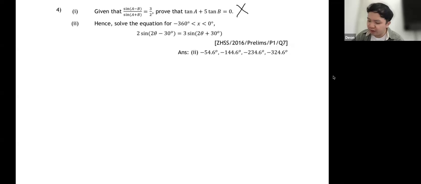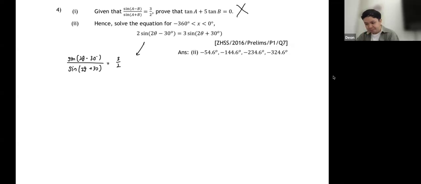Okay, so if you divide, you can see from here, sine of (2 theta minus 30) over sine of (2 theta plus 30) is 3 over 2. Okay, so this is the same as just now.